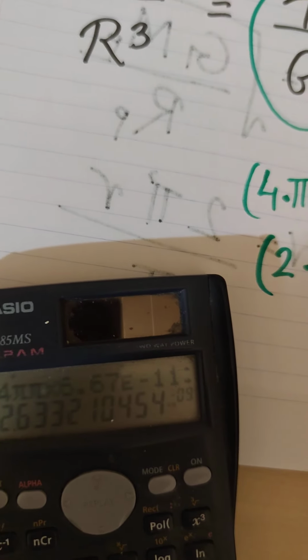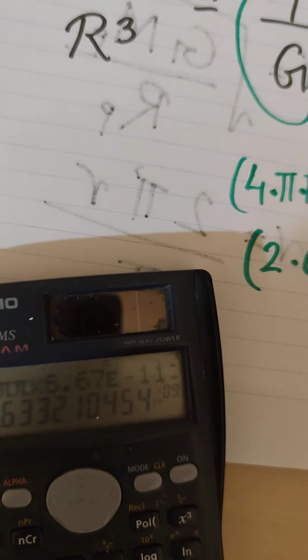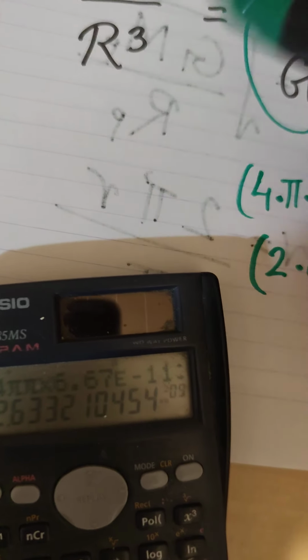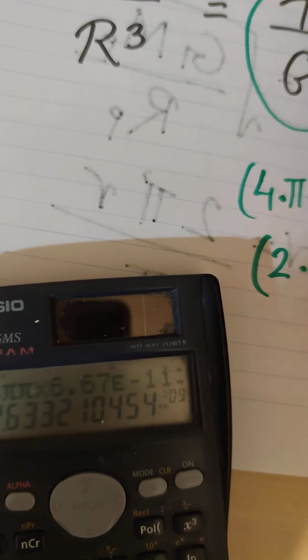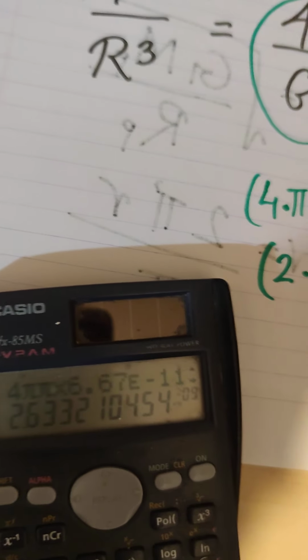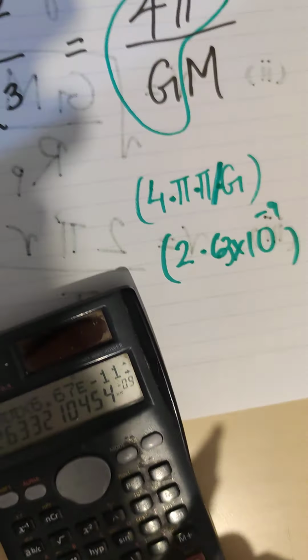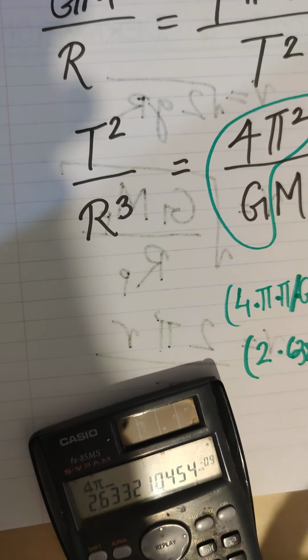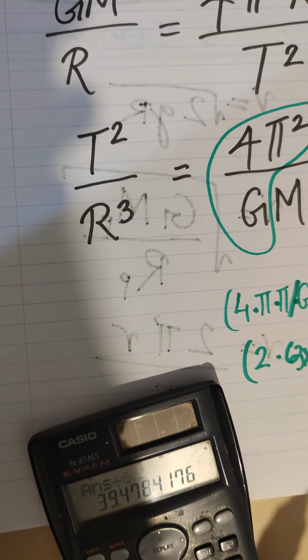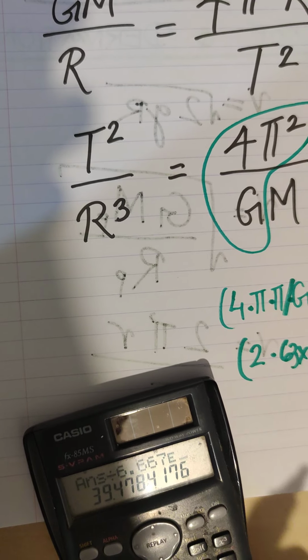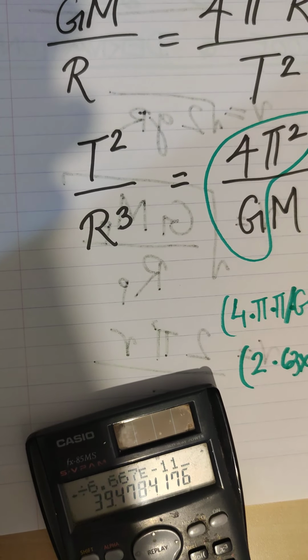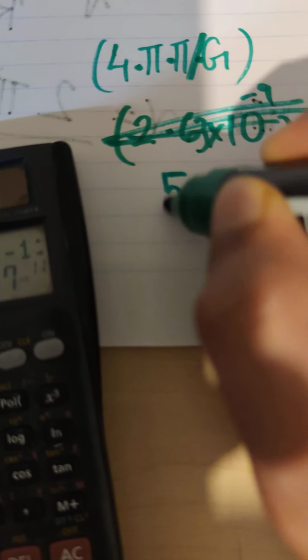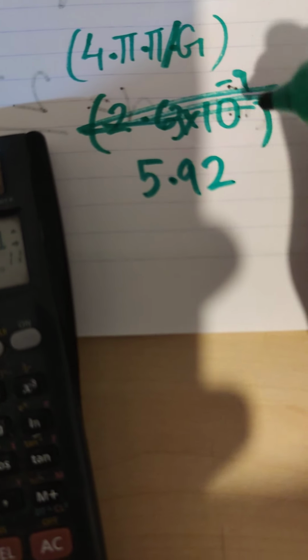So just remember this, or you could write 2.63, and every time you're doing these calculations, sorry, it was supposed to be divided. So 4 pi divided by 6.67 times 10 to the minus 11. Yeah, so this will be 5.92 times 10 to the power 11.